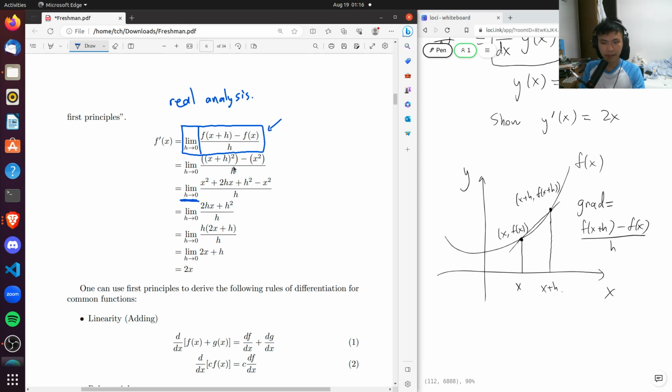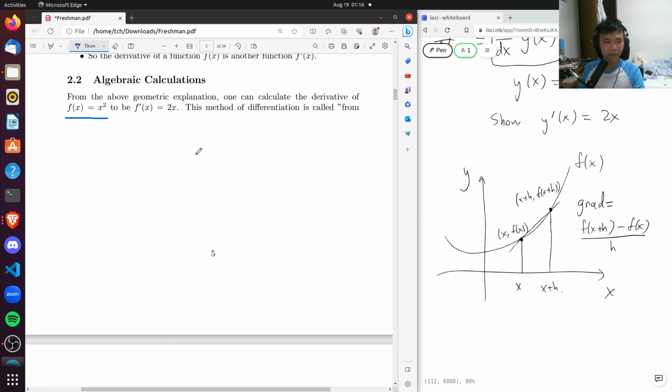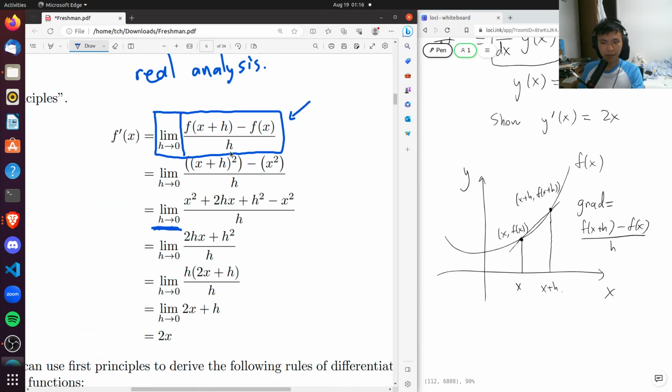In this case, the function we are interested in exploring is f of x equals x squared. So if we expand it out, f of x plus h is x plus h squared, f of x is x squared, and we expand it out, this is just a binomial thing.